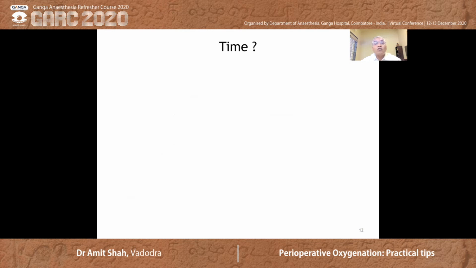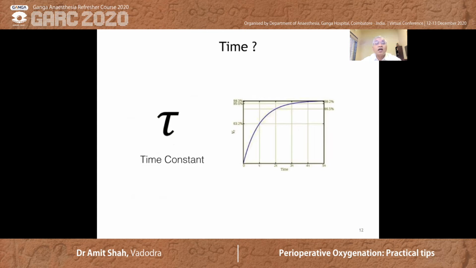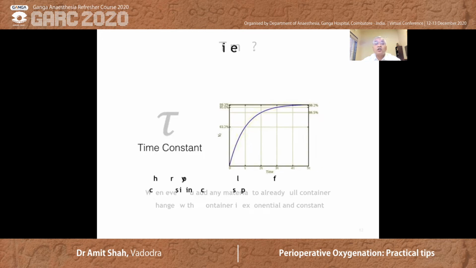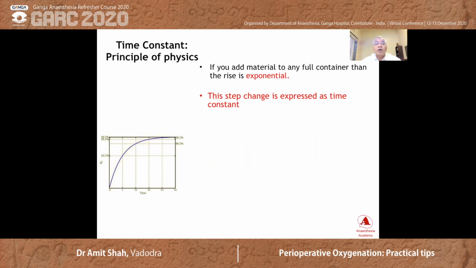Now, how long we should pre-oxygenate to achieve end-tidal oxygen more than 90% can be easily understood by a physics concept called the time constant. In simple language, whenever you add any material to an already full container, the change within that container is not linear, it is exponential. This step change is expressed as the time constant.